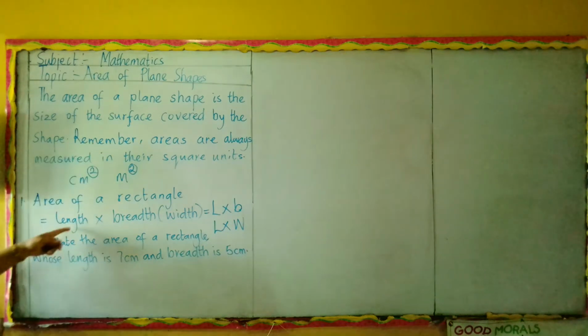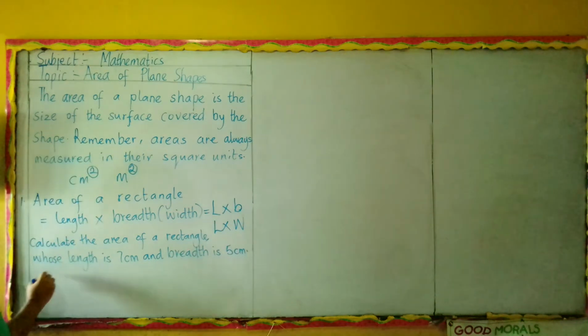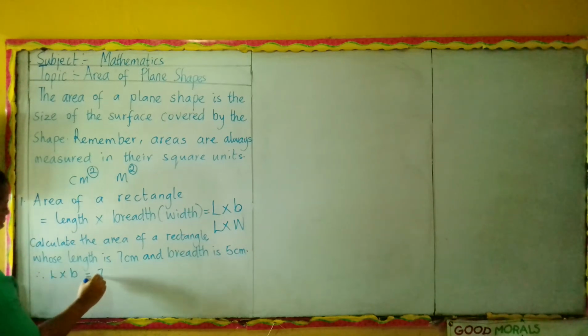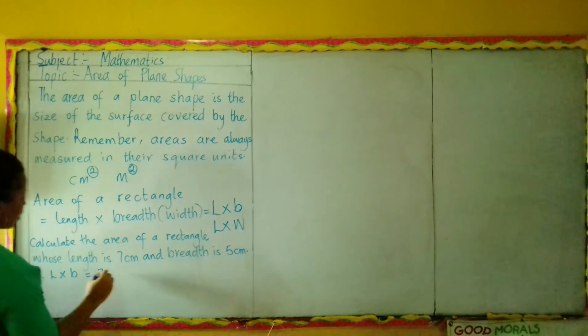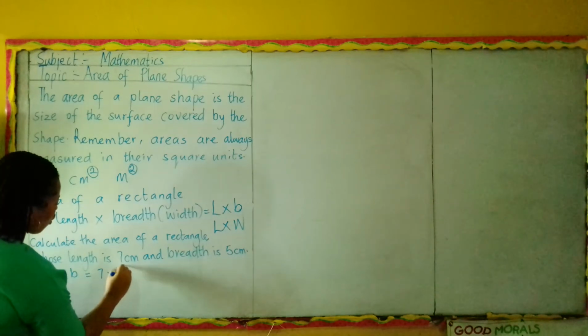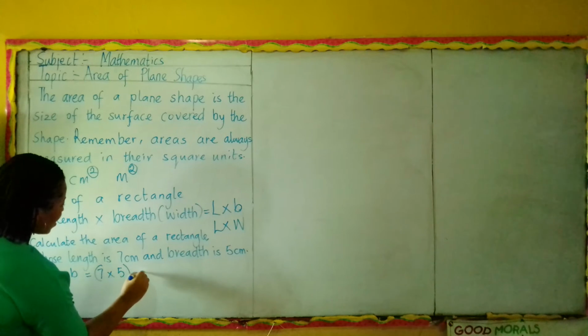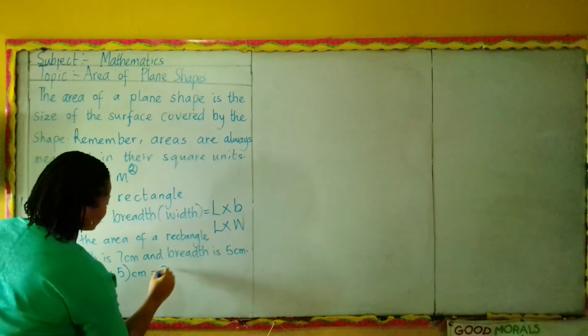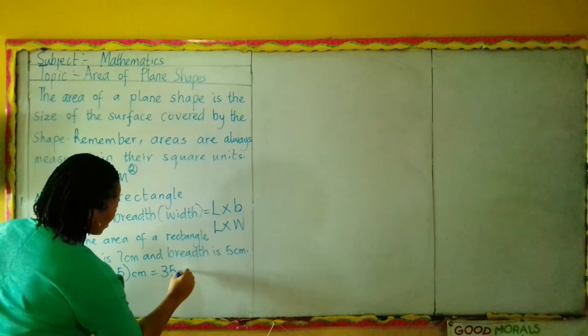Now, applying this principle, the length is what? 7. So if we are using this formula, L times B, it will give us 7, which is the length, and the breadth is what? 5. All in cm. Now, 7 times 5 will give you what? 35 cm.